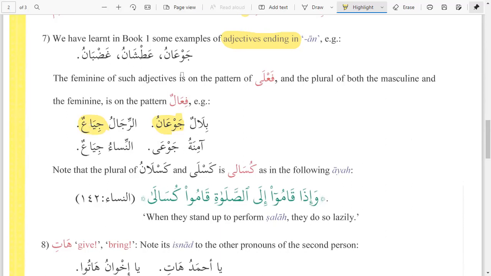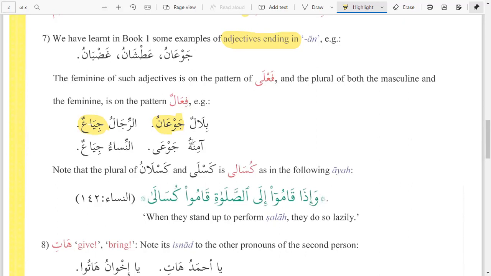And the feminine of jawanu is on the pattern of fa'ala. Using the pattern of fa'ala, jawanu will become jaw'a. Aminatu jaw'a. Amina is hungry.